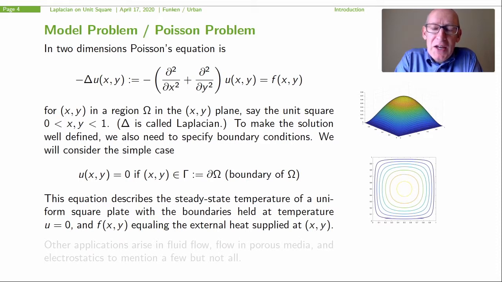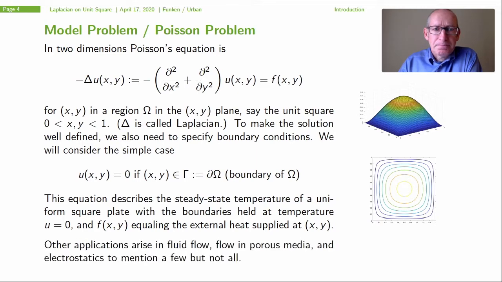Other applications of this equation arise in fluid flow, let's say in porous media, or if you're interested in some electrostatics problem, probably you're looking for a field, but this field can be described by a potential, and this potential satisfies the Poisson equation. These are a few examples, but of course not all.